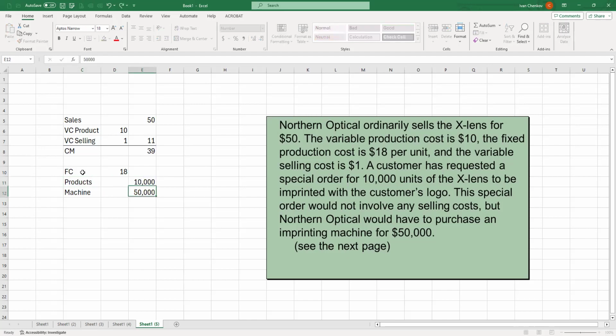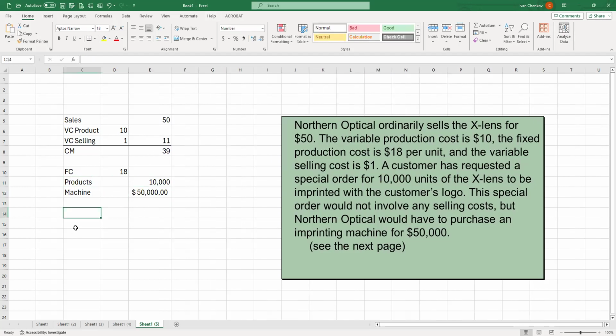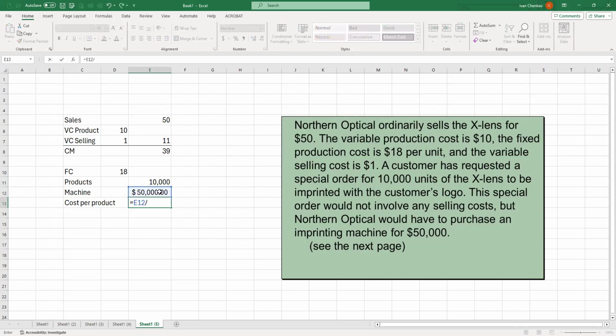Only 10,000 products, correct? So the question is, how much is the cost per product for that imprinting machine? Yes, $50,000 divided by 10,000 units. That will be $5 per unit. Make sense?